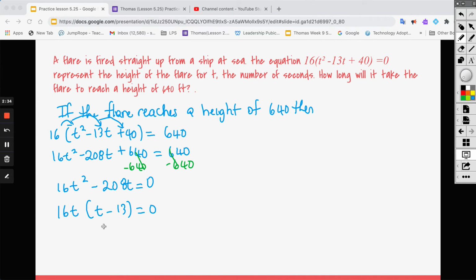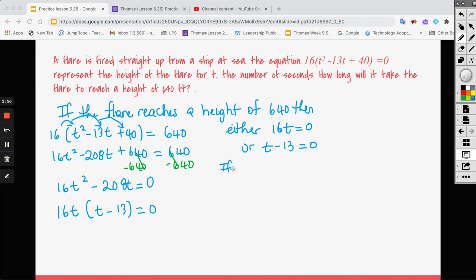So we can use the zero product property here. We know for this statement to be true, either 16t is equal to 0 or t minus 13 is equal to 0.